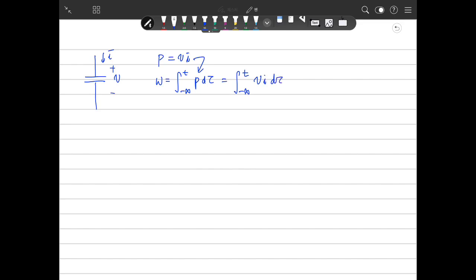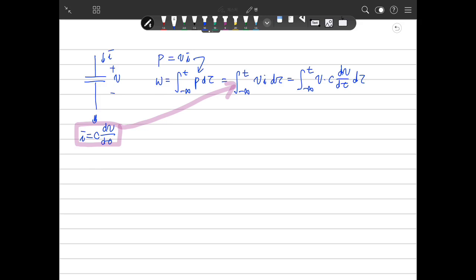Then we know that the capacitor equation is i equals C dv/dt. So we insert this there. There will be the integral from minus infinity to t, where v i is v C dv/dt, d tau.